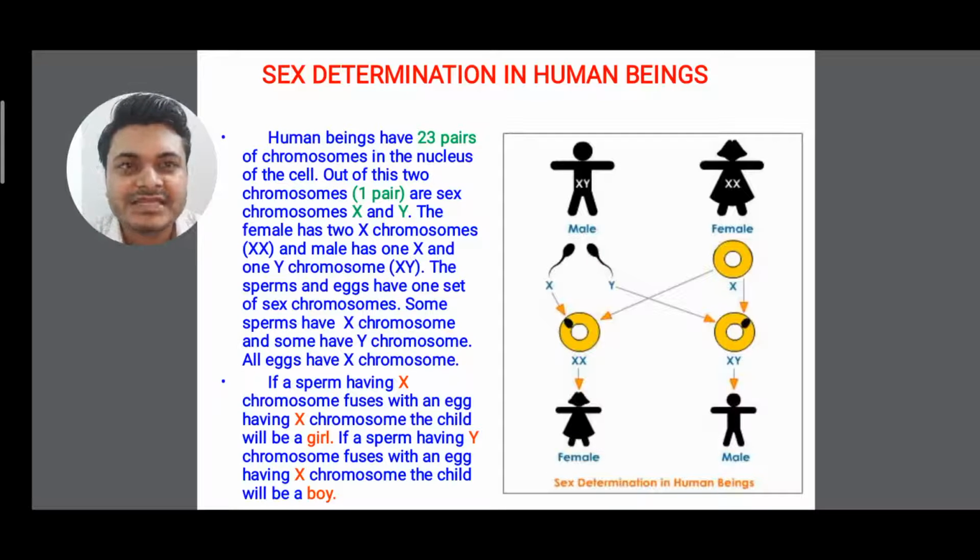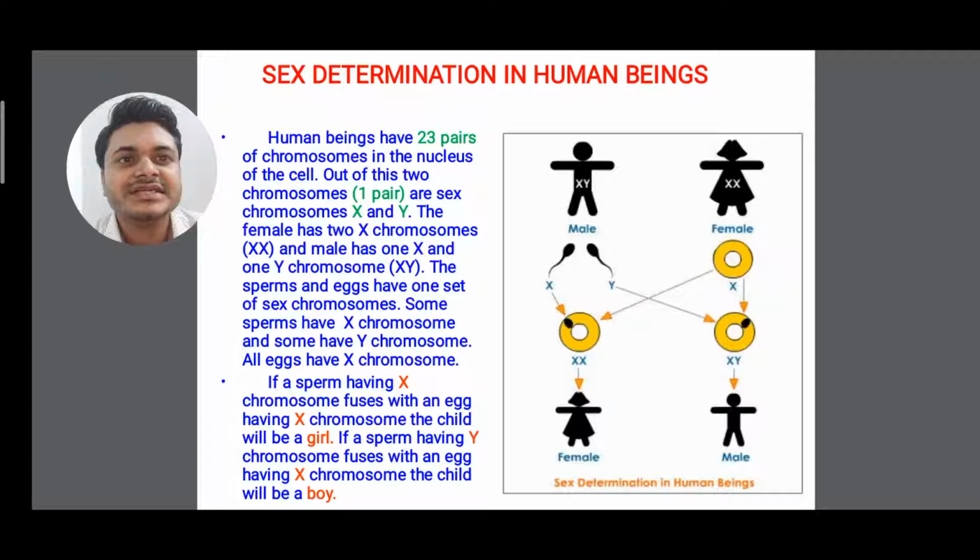Females have XX chromosomes. So if the child produced is a male child, always the Y chromosome of the male parent has to appear, isn't it? That's why the male child that is born is due to the father, clear?